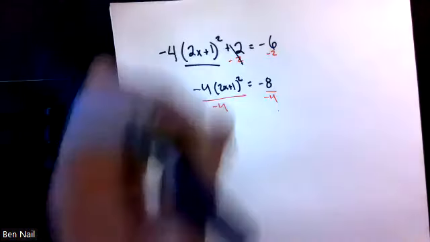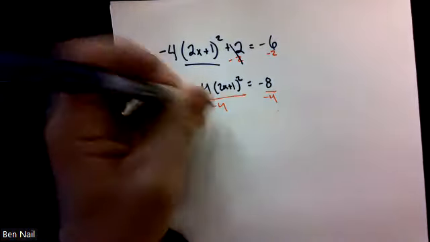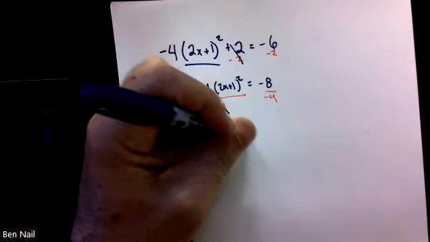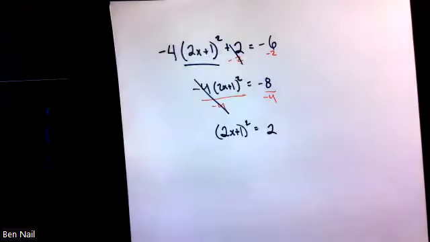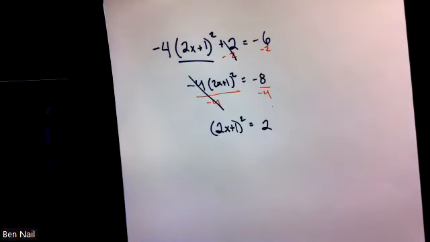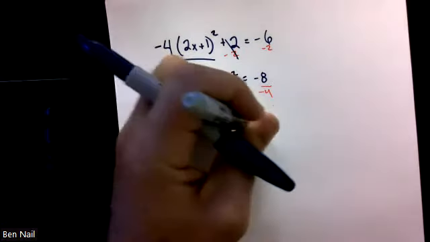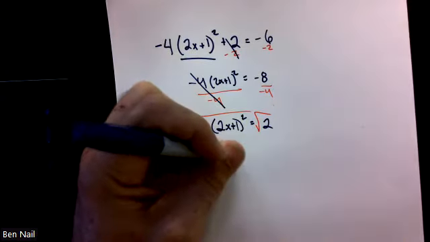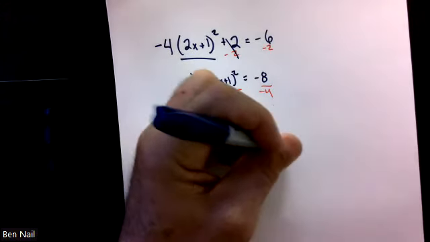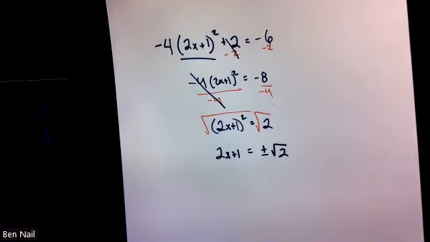Divide by negative 4. (2x + 1) squared is equal to negative 8 divided by negative 4, which is 2. Square root that. 2x + 1 is equal to plus or minus the root of 2.